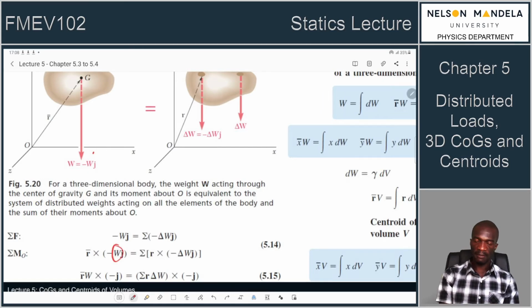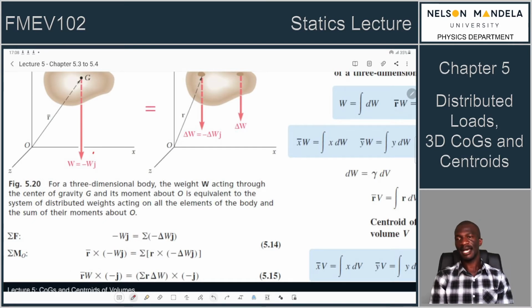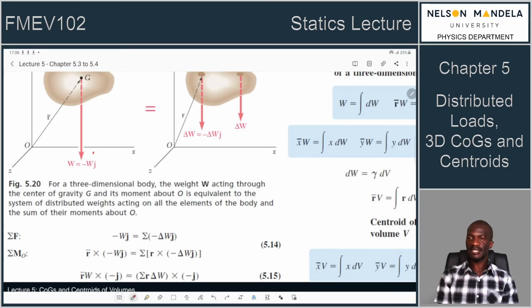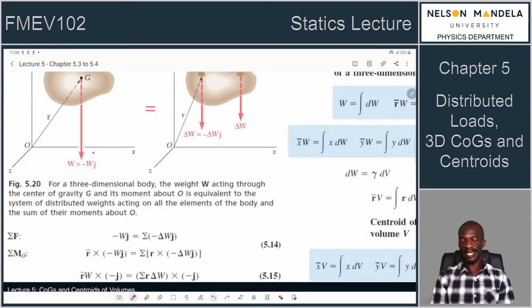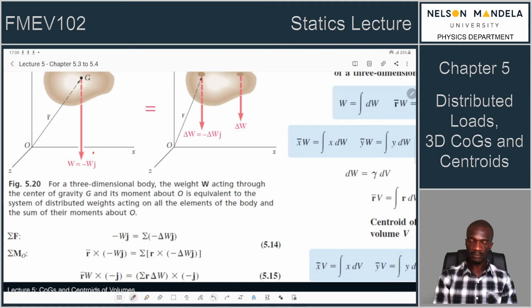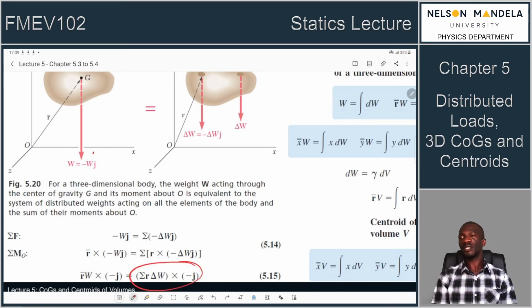So if we move our magnitudes, we're just scaling up the whole vector. So if we move our magnitude W and put it against that R vector, this simply means we have this particular moment and then we've got this minus J as the direction of the vector. So we're just making a cross product of this R vector with this, and the magnitude is already given.